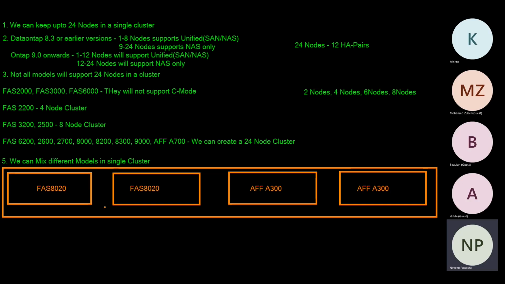Yes, I can mix different models within the cluster. These two belong to FAS, the 8020 series, and these two belong to the AFF series, not FAS. But we can mix.